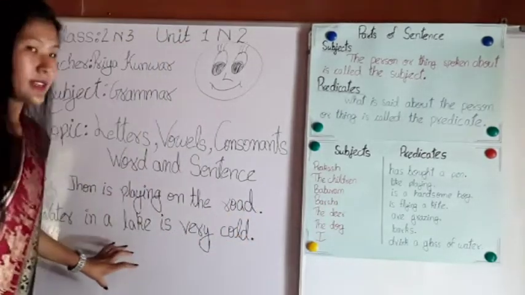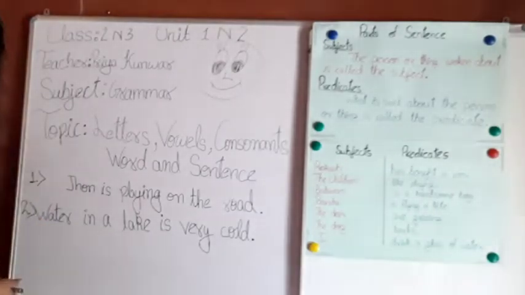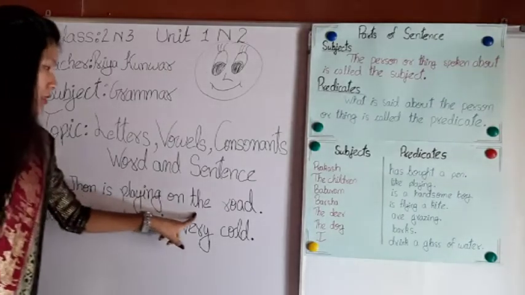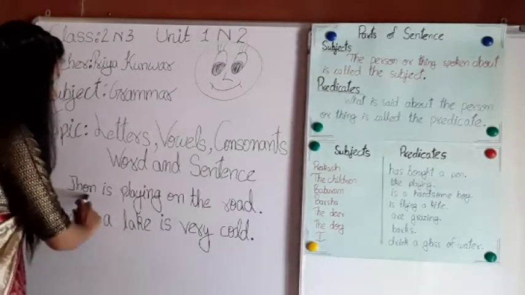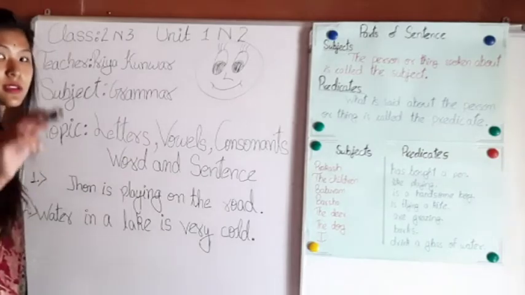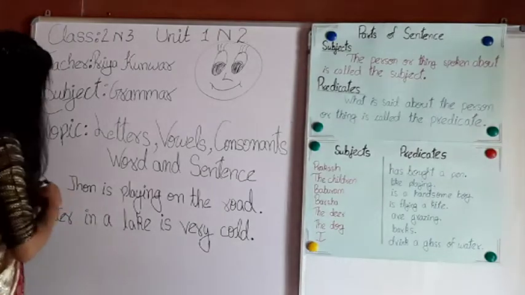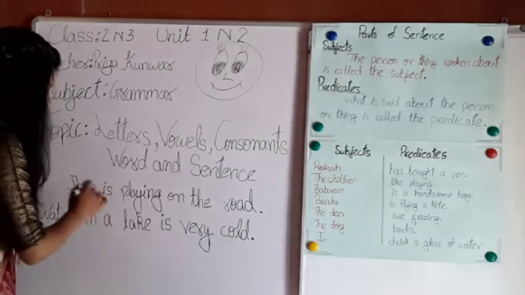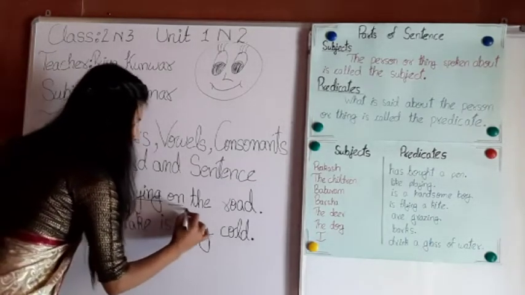Here I have written two examples. Let's look into the board. The first example is: John is playing on the road. It is a complete sentence, and in this sentence there are two parts, subject and predicate. The subject is John and the predicate is playing on the road.